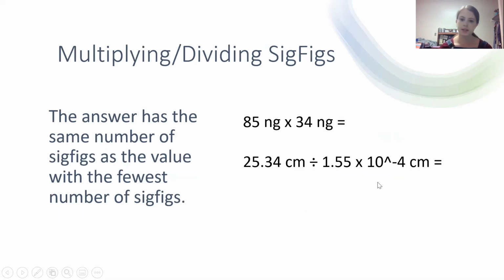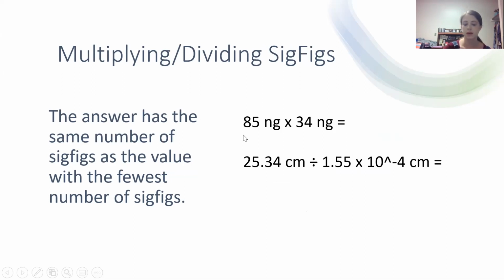When you multiply and divide SigFigs, the decimal places don't matter. What matters is the number of SigFigs total. And you want to have this same number of SigFigs in the answer as the value with the fewest number of SigFigs.